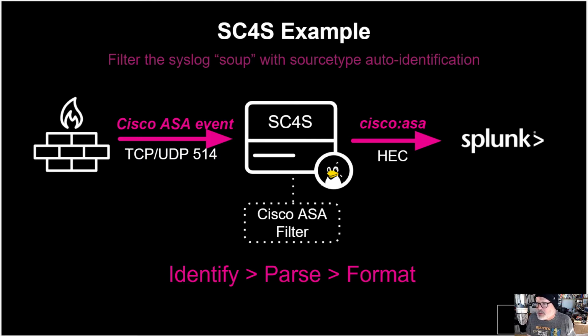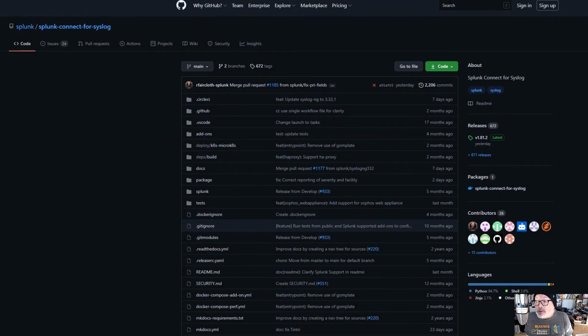As of the last update, SC4S is getting about 5 commits per week. SC4S is completely documented. It has its own GitHub repository and is actively being used by some of Splunk's largest customers, as well as a long list of smaller environments requiring lossless Syslog services.